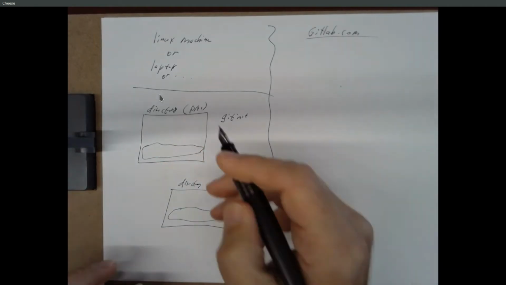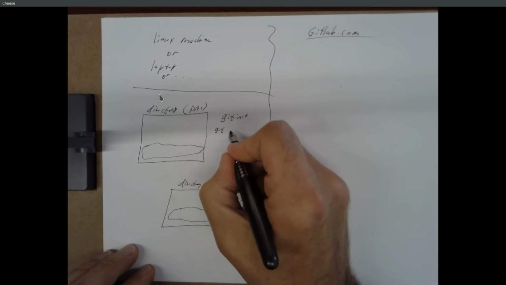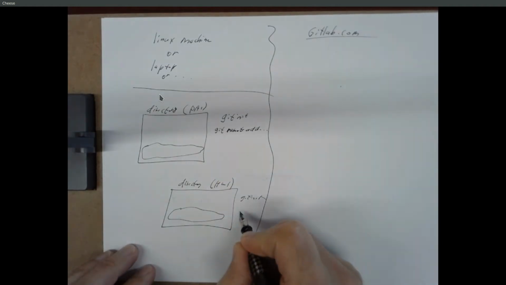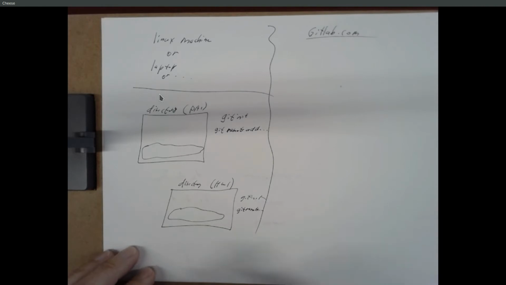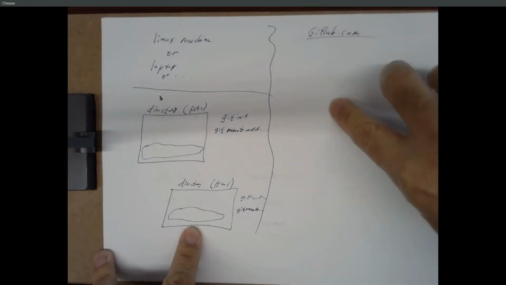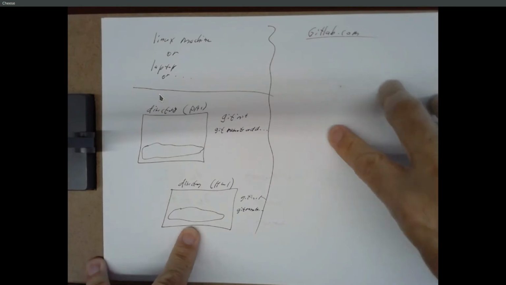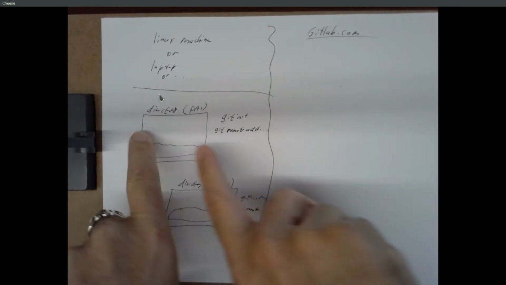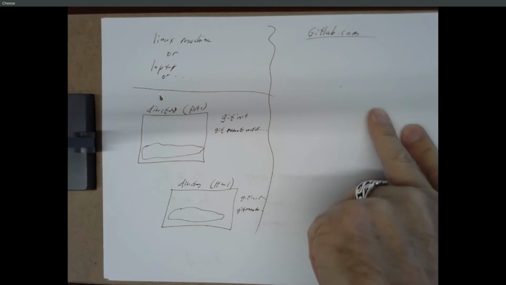And the same thing when you say git remote add origin, right? That's basically associating this directory with something over on GitLab. When you do git remote add in PA1, that associates the PA1 directory with a project over on GitLab.